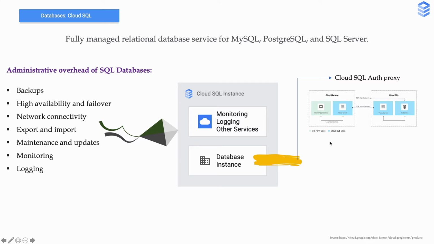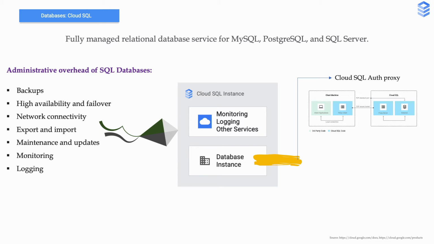Now, how do you access this database? One of the very important ways of accessing Cloud SQL is using the Cloud SQL Auth Proxy. The Cloud SQL Auth Proxy works by having a local client running in the local environment.